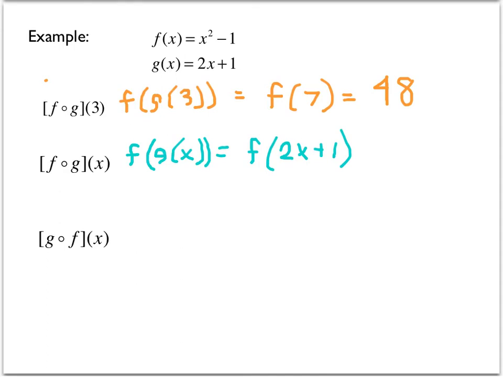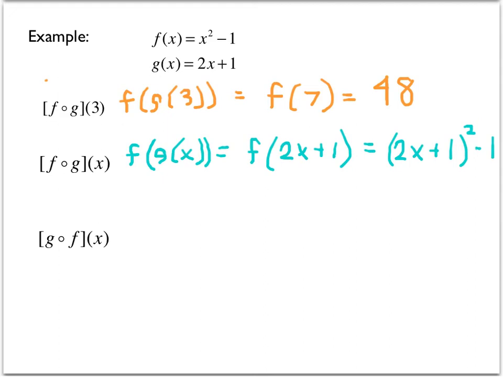So I have to put this 2x plus 1 in place of x in the f function here. So what this is really going to look like then is 2x plus 1 squared minus 1. Why do I have to square it? Well, because in the f function, this x is also squared.